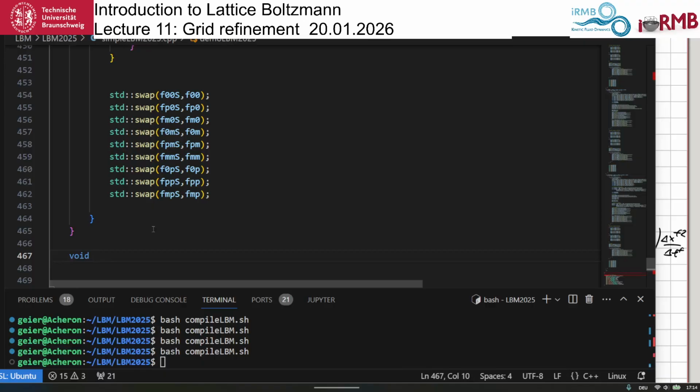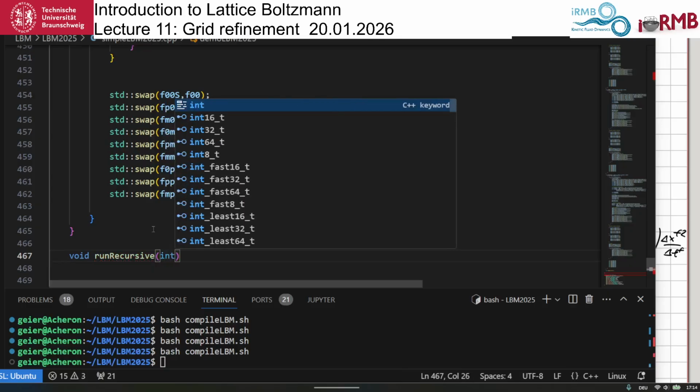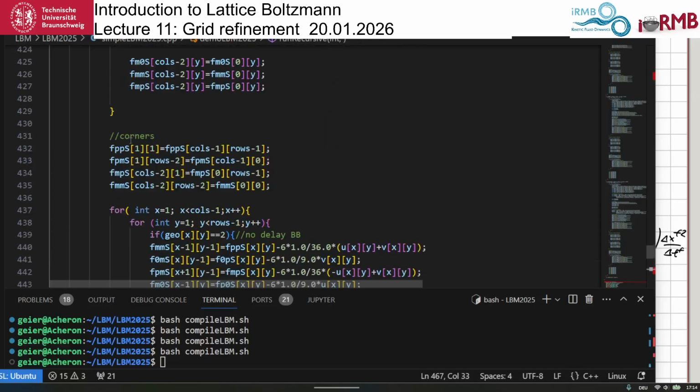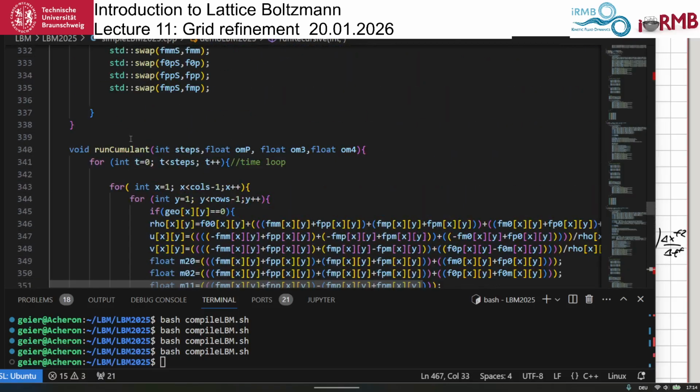So in principle we need a void run recursive function, and this would take int steps at the minimum. And we could decide to make it take also more arguments, yes, we could do it like this.